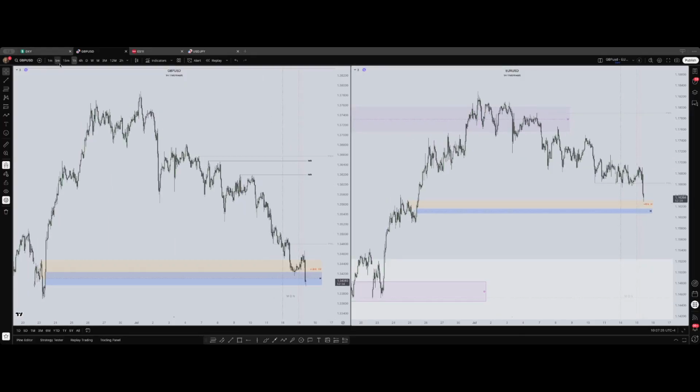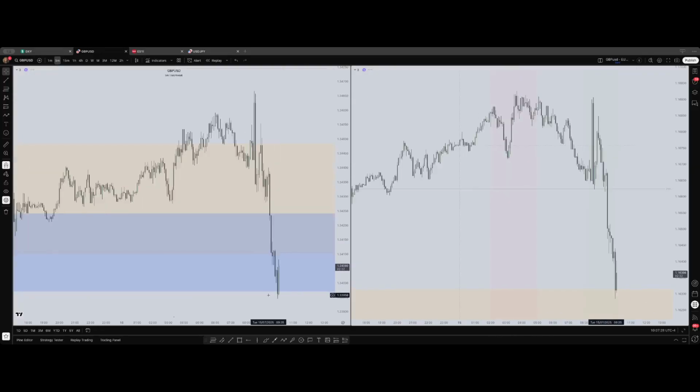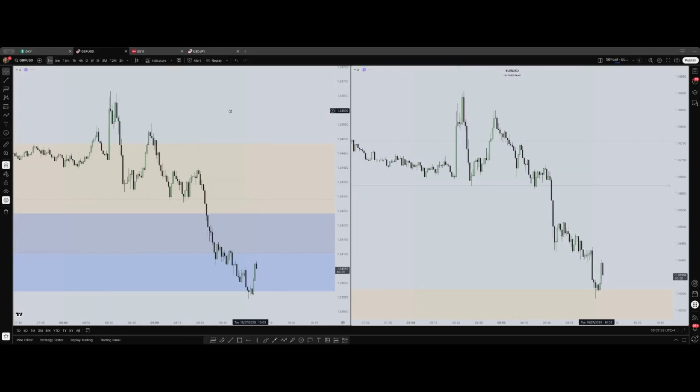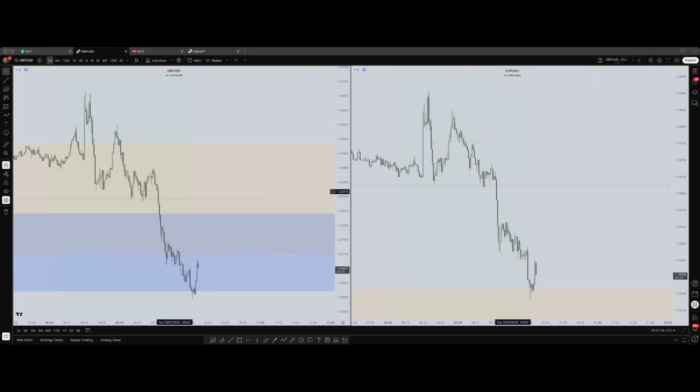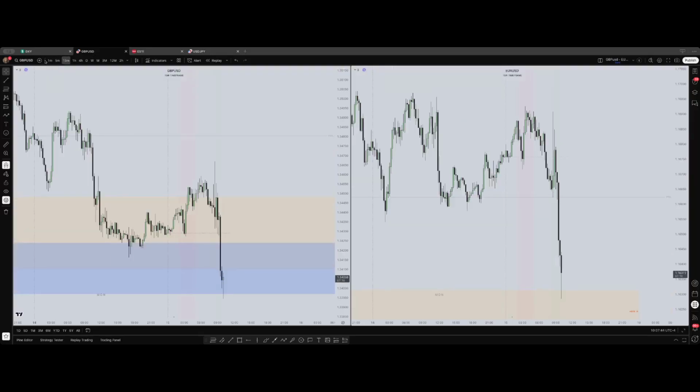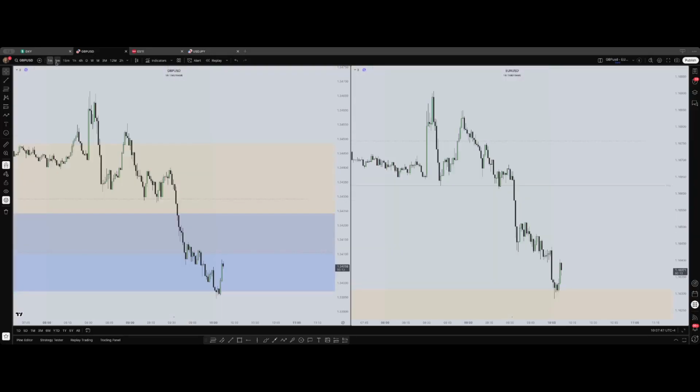Of course, we need more confirmation. Let's go to lower time frame. So from here, between 5 minutes and 1 minute, we should wait for confirmation.